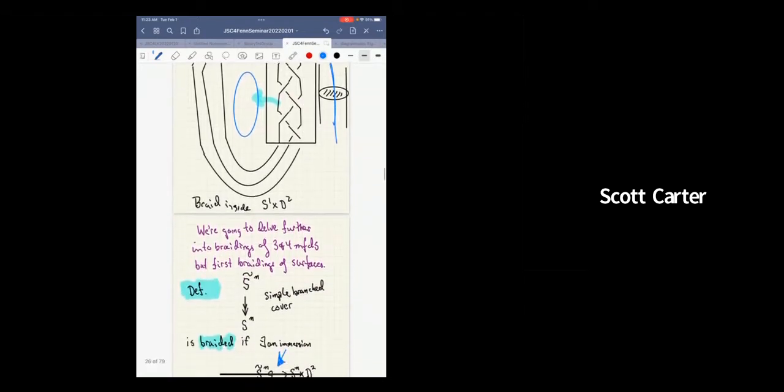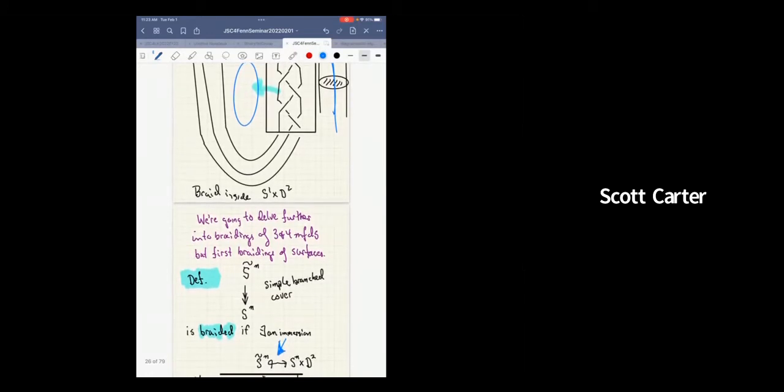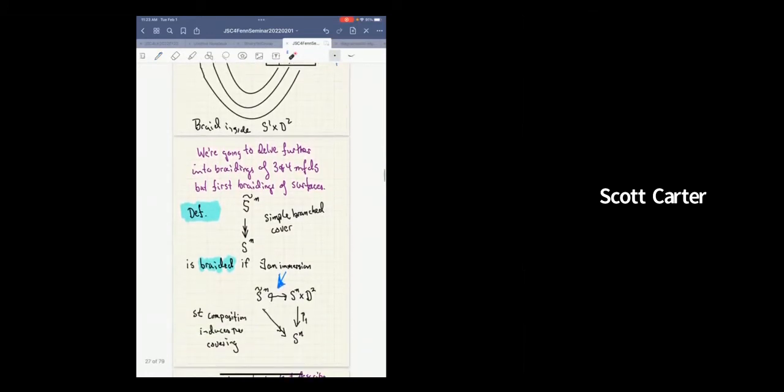So now I think we finally get to the definition. We're going to say that a simple branch cover, by simple I mean that the branch points have neighborhoods that are z goes to z squared, and in the other direction it's a product, is braided if we can embed or immerse it in SN cross D2 such that when you project down to SN, that composition induces the covering map.